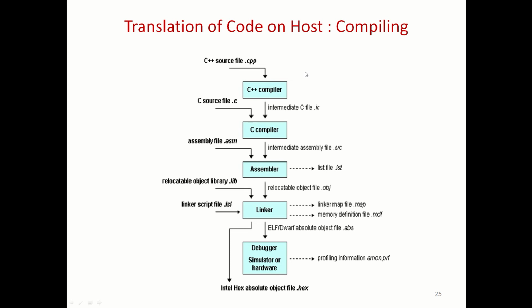Okay, so programming is the same as the way we write on a computer. We use some editor and we type our program with a C extension, .c or something like that. After compiling, it will create the binary files, and it also makes use of some libraries, no problem. But what I was telling you earlier is that the output file has absolute addresses, not relocatable like on computers.